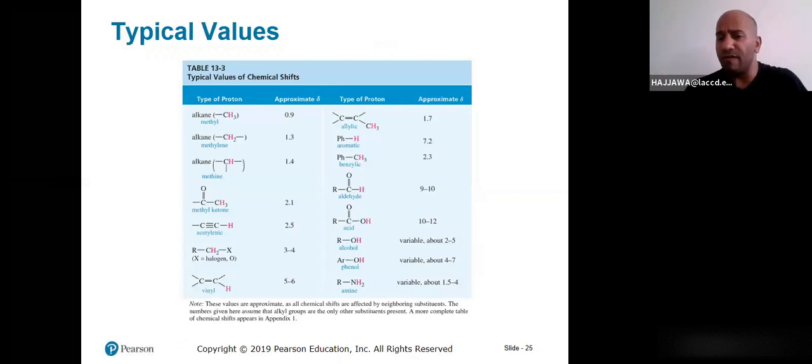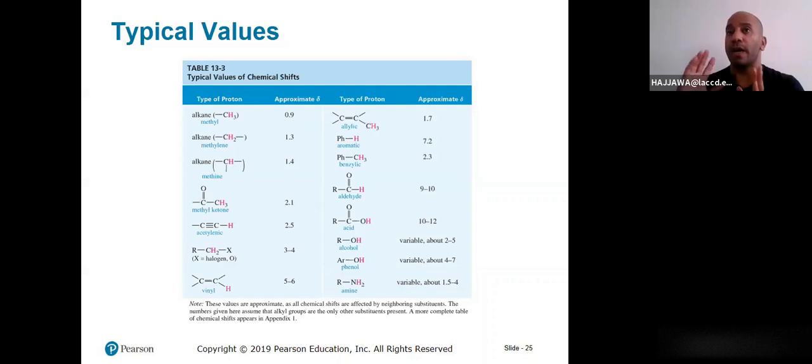So this is a bunch of values for structures whose proton NMR spectra we're going to be seeing. This table serves as a reference for why these groups of hydrogens show up around that area. And you need to keep in mind that deshielding versus shielding is what's going to affect the hydrogen to show up in one area versus the other.